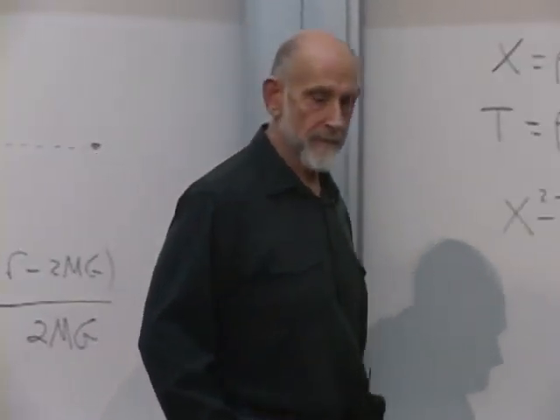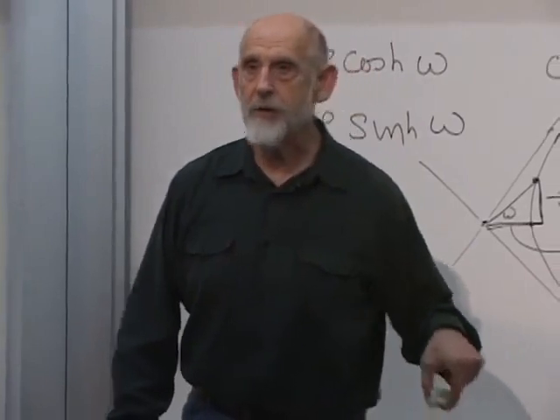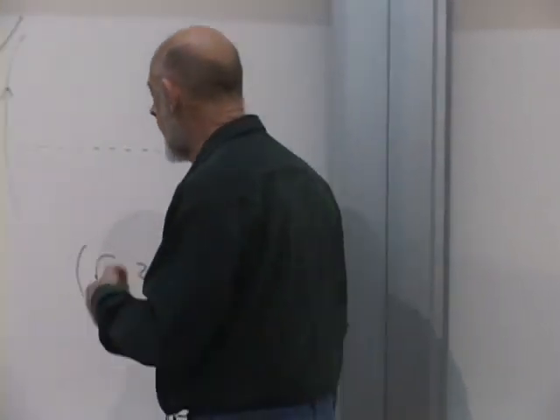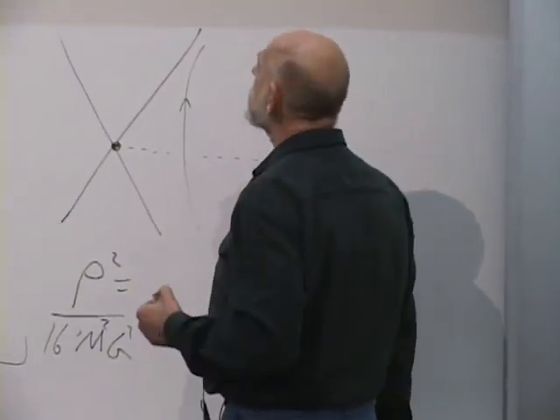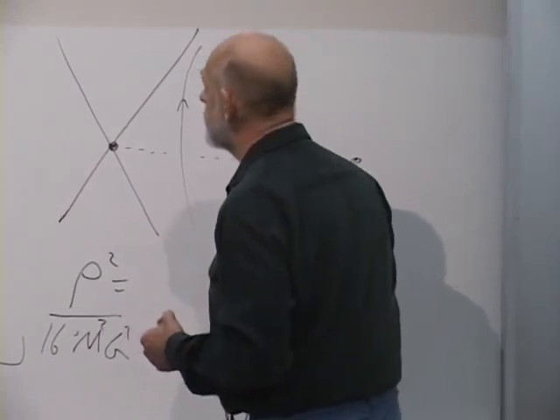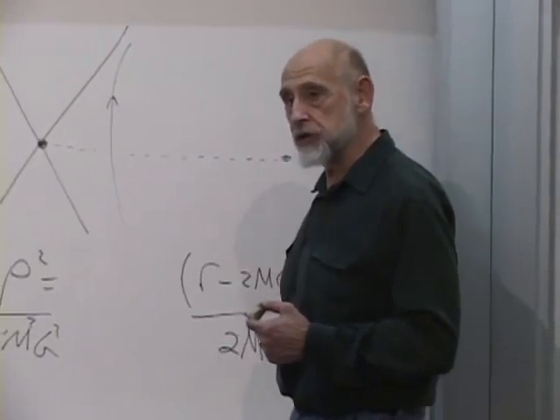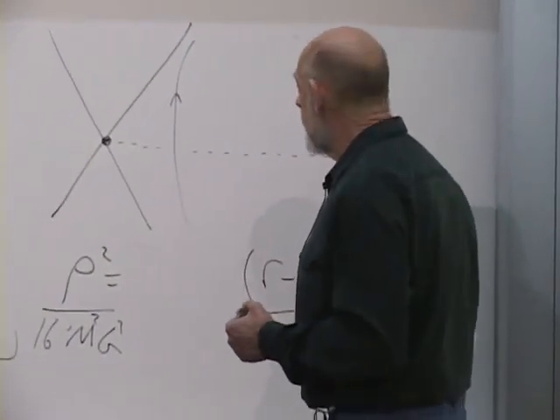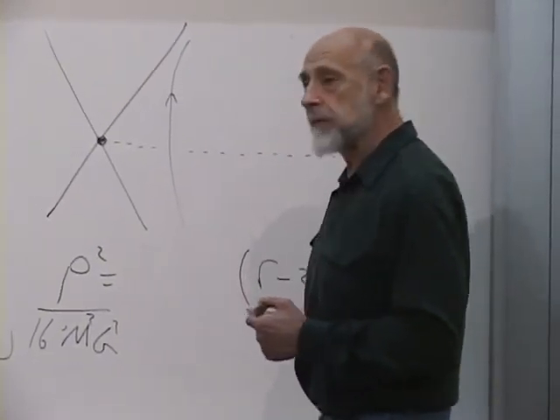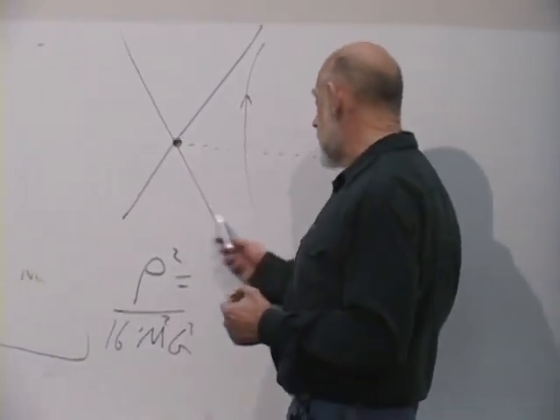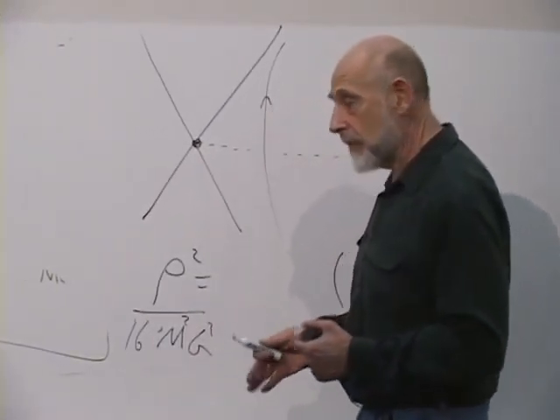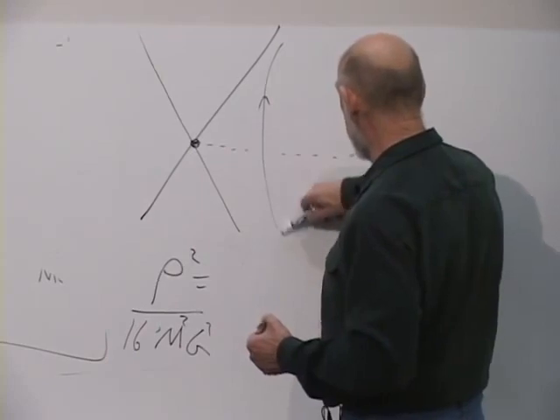That's always outside the horizon. Okay, let's talk about where the horizon is now. Somebody who is outside the horizon is at an r which is larger than 2MG. What does that mean in terms of rho? It means a positive value of rho squared. It means out here.